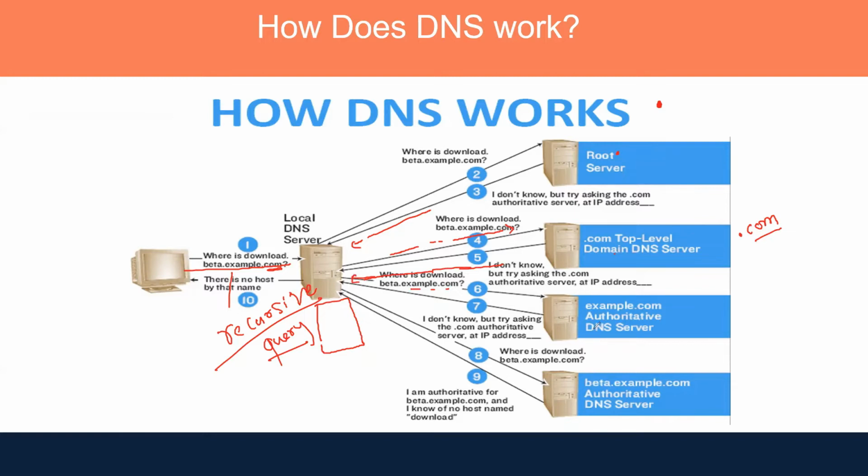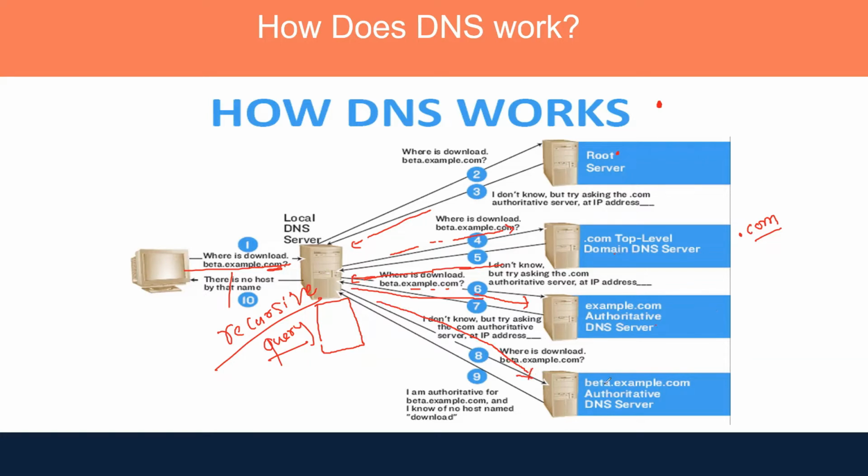An authoritative server is one that holds all the records related to example.com. The query goes to this authoritative server, asking whether it knows the IP of download.beta.example.com. It says it does not contain it, but a subdomain of its own does, so it gives the IP of the subdomain, and now the request goes there.